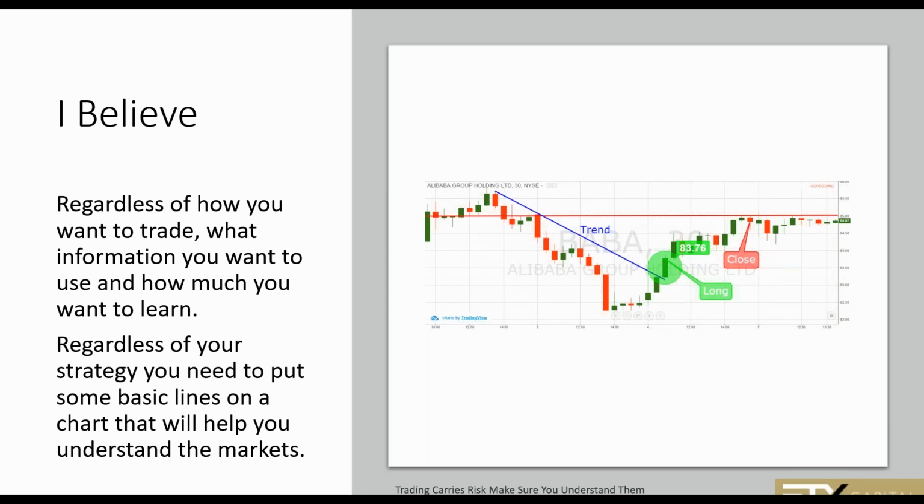Trends is the general movement of the market. And the markets can only move in three directions: uptrending, downtrending, or sideways trending. We need to be able to see these, but then we need to be able to apply a trend line. Now, a trend line is a rule-based piece of information that helps you, because that trend line you draw will be the same trend line that the guy 1,000 miles away from you is drawing.